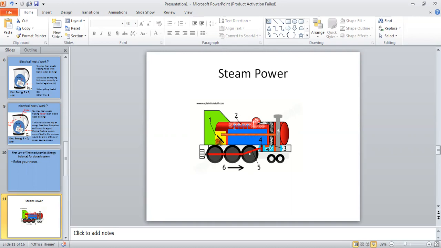When the steam lost energy after delivering or driving this, it goes to the exhaust, then the fresh energized steam comes, moves the piston, and turns the wheels.